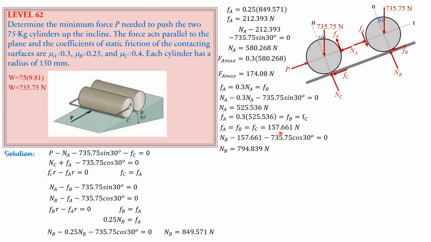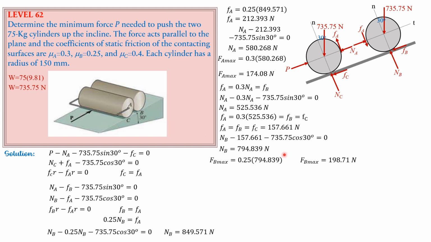Then, having found NB, we can now compute FB max, which is equal to 0.25 of 794.839 newtons. So FB max is 198.71 newtons, and FB is only 157.661 newtons. So that means point B does not slip, and the value of FB is 157.661 newtons also.